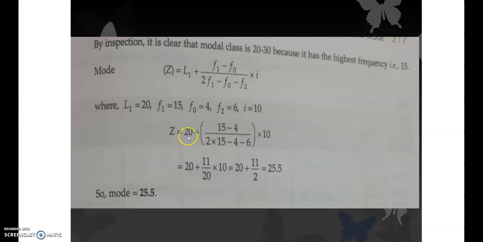So mode is equal to, applying all these values in this formula, 20 plus 11 divided by 20 into 10. That means 20 plus 11 divided by 2, that is equal to 25.5. So mode is equal to 25.5.